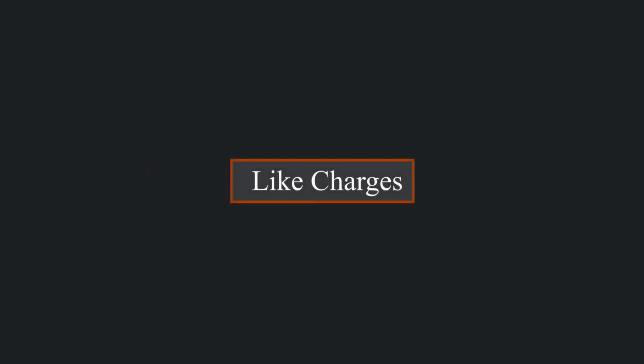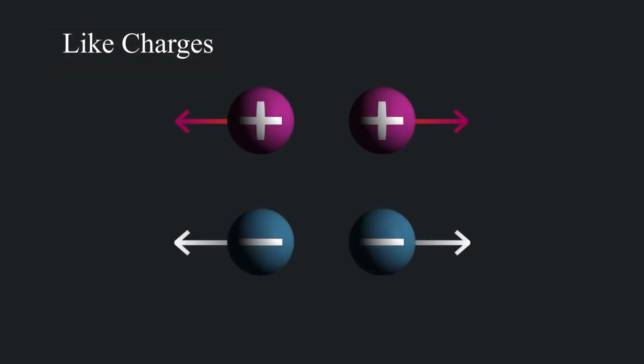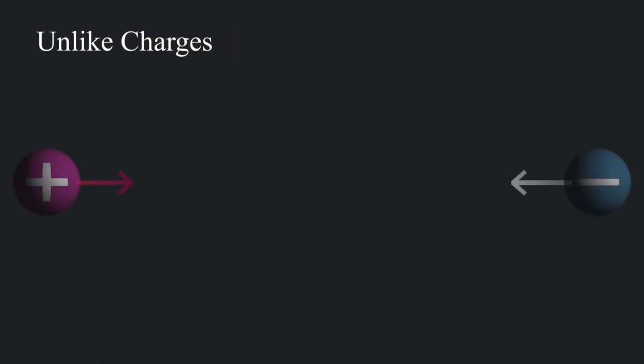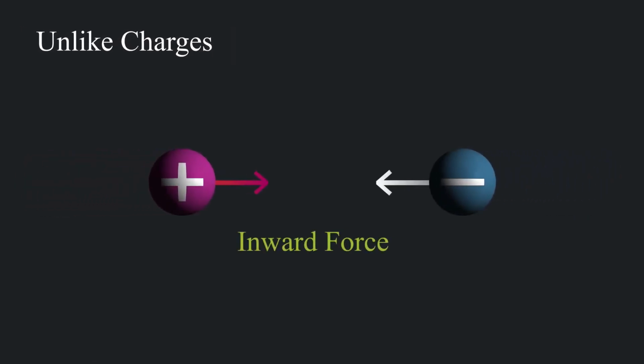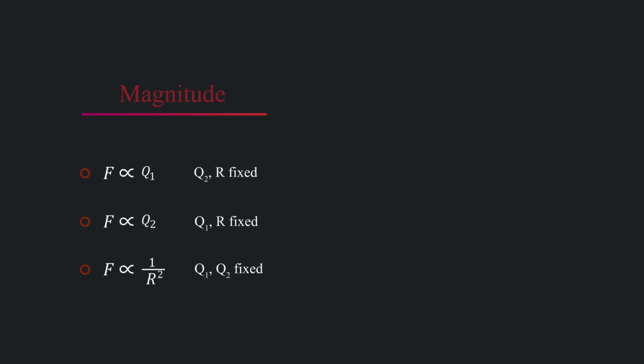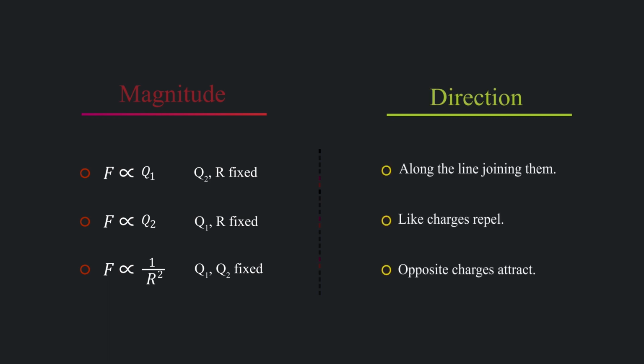Prior to Coulomb, two more facts were known: like charges repel, whereas opposite charges attract. Now that we know all the facts concerning electrostatic interactions, the next step is to combine all these separate parts into a single mathematical equation.